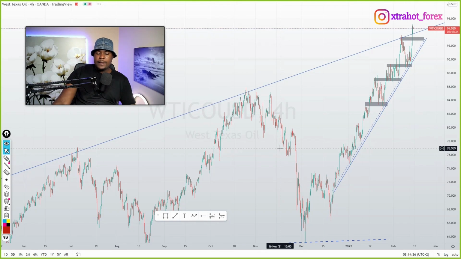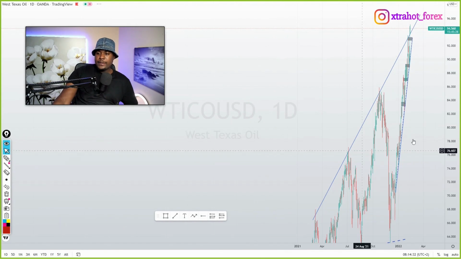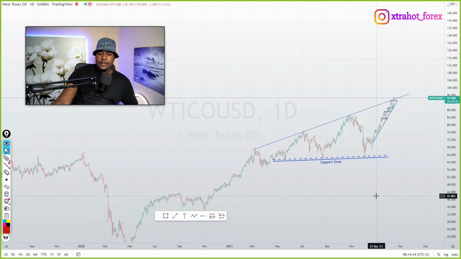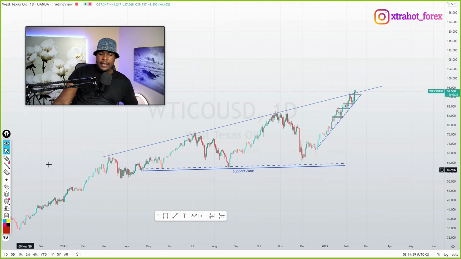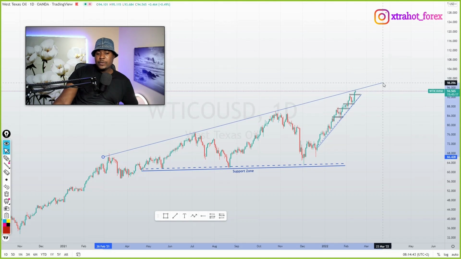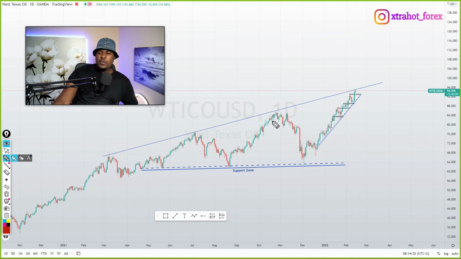Let's use the daily time frame so that you can see a bigger picture, because the aim is for you to see what's really happening, guys. At the moment, this is a daily time frame. I tried to draw this resistance, but that doesn't really matter to me. Why? Because if the market is on a bullish momentum, it will just keep going up. We won't have a specific area where we can say the market is going to turn around.